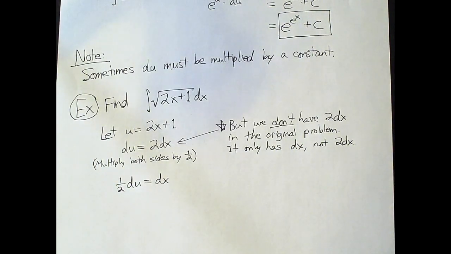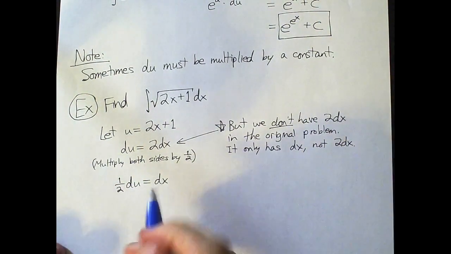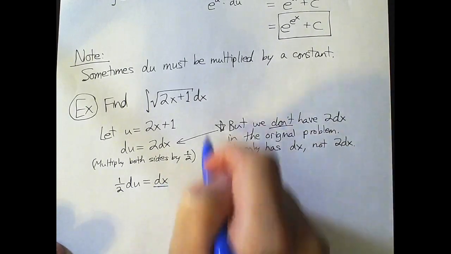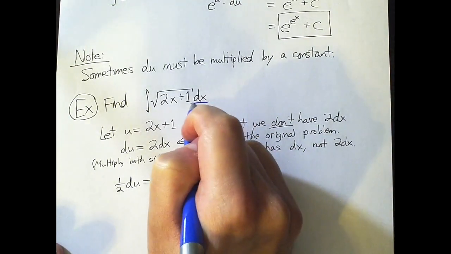Yeah, so the reason why I multiplied by 1/2 is because now there's a dx here, which is good because the original problem has a dx. I'm going to underline that this dx matches up with this dx.